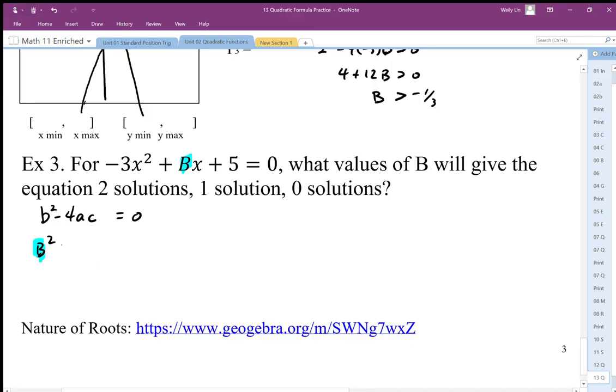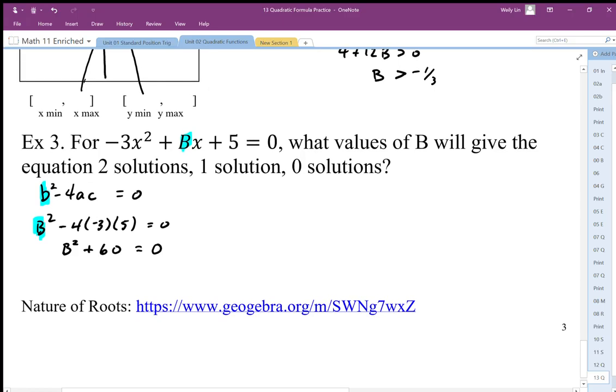So b squared minus 4 times a times c is equal to 0. I get b squared plus 60 is equal to 0.